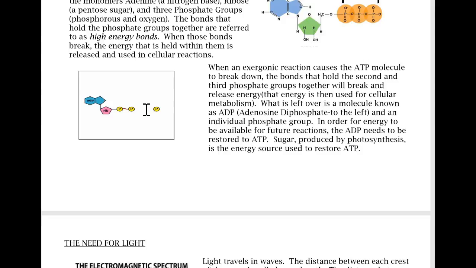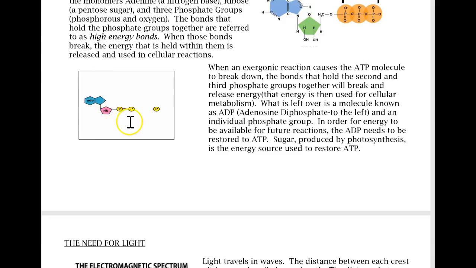So for all of those reactions that you can think of, that's the energy that we're going to use. So as it says here, when an exergonic reaction causes the ATP molecule to break down, the bonds that hold the 2nd and the 3rd phosphate group, these two, together will break and release energy. And then that energy is going to be used for cellular metabolism. The leftover will be an independent phosphate group and an ADP molecule.